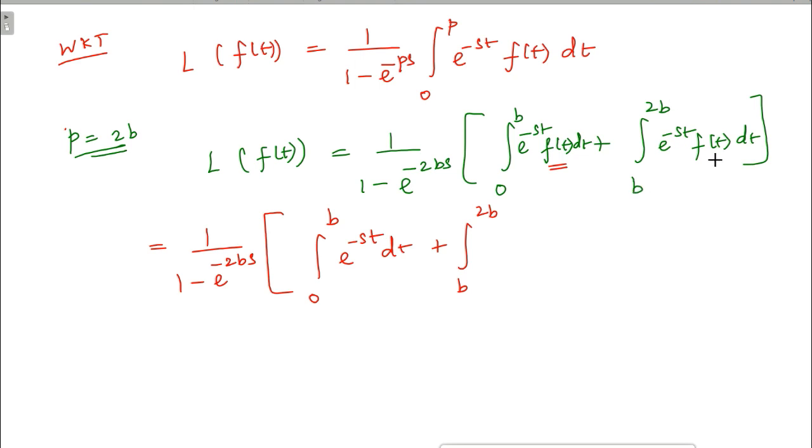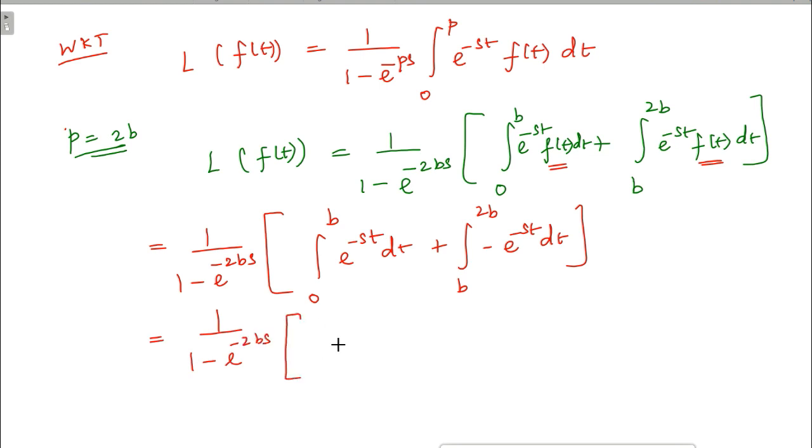In the interval b to 2b the function is minus 1, so minus e power minus st dt. After substituting the function f of t in each interval, try to integrate.